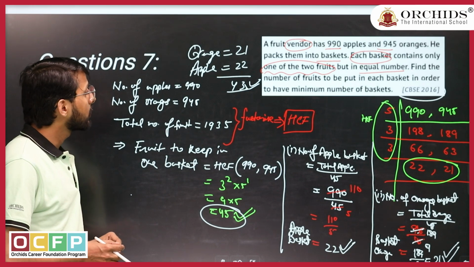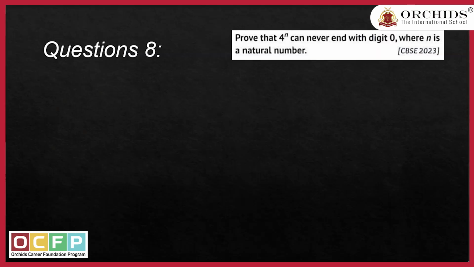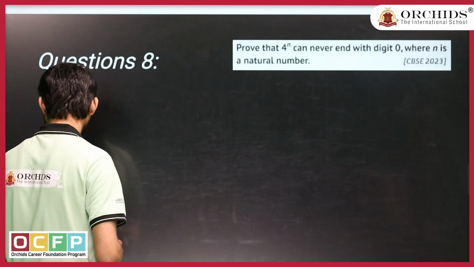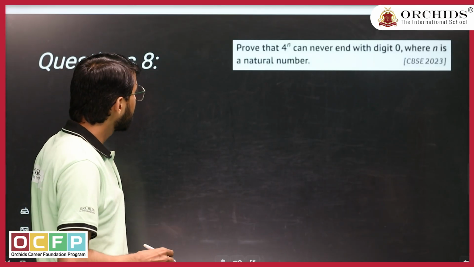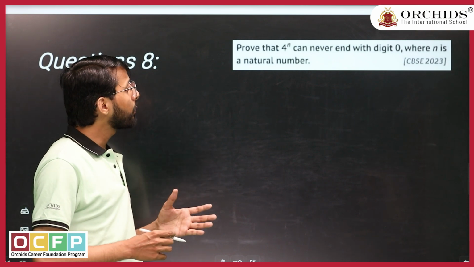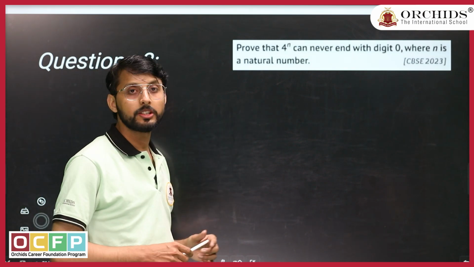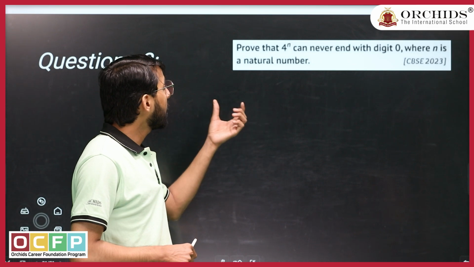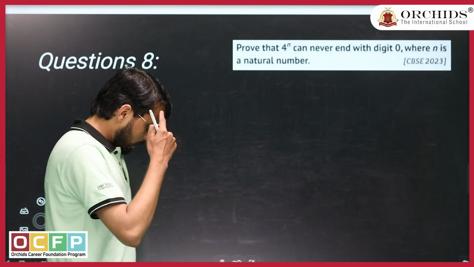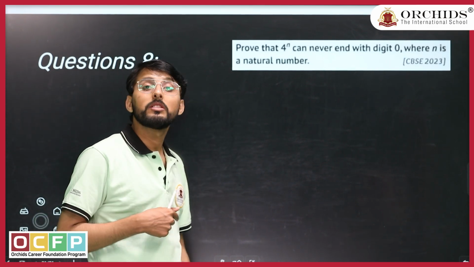Now we are moving towards our next question, that is question number 8. If you read, they have written: prove that 4 power n can never end with digit 0, where n is a natural number. How can a number never end with digit 0?